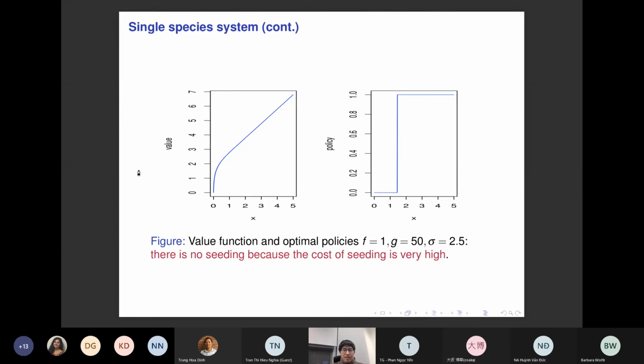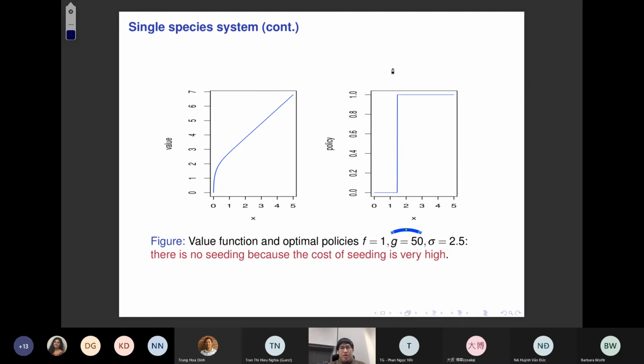In this case, we consider the same model. The new point is that G equals 50. That means the cost of seeding is very high. And if the cost of seeding is very high, we will not seed. So now we just choose between two options.